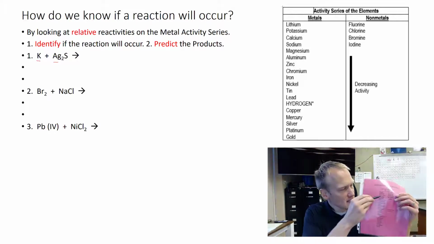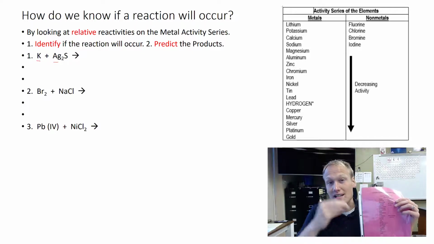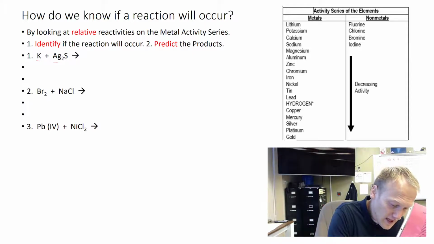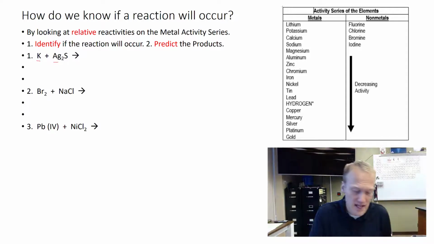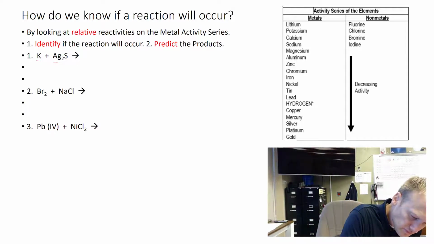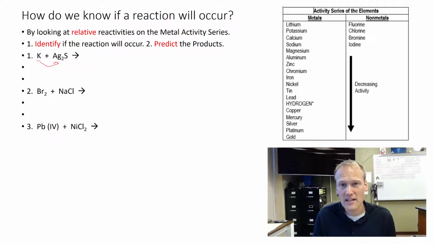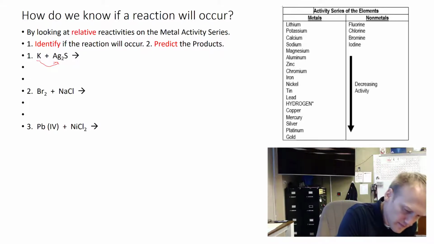On your list, you'll see that potassium is closer to the top, meaning that it's more reactive, which means it is more likely to react, and therefore this reaction is going to take place. At the end, potassium is going to kick silver out of its bonding relationship with sulfur.